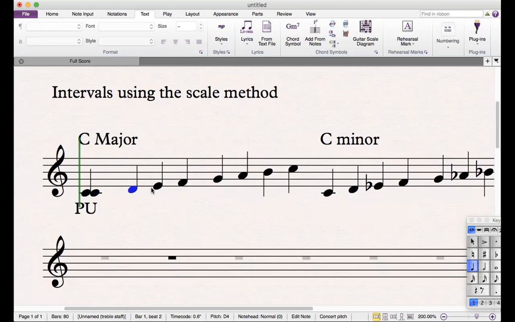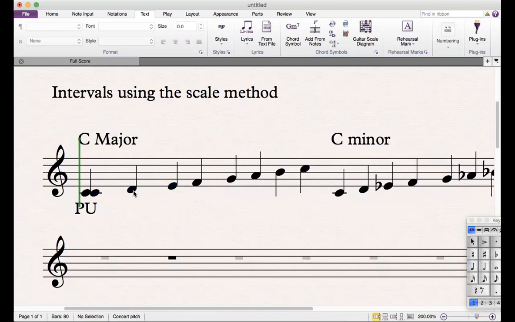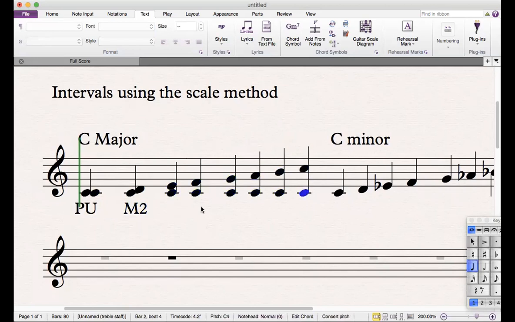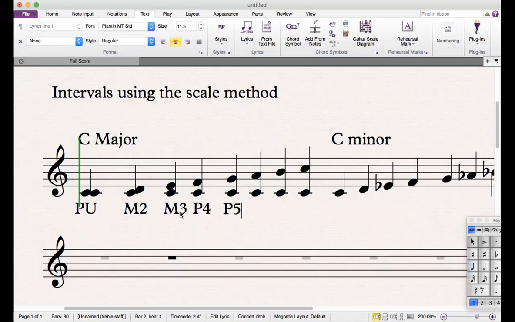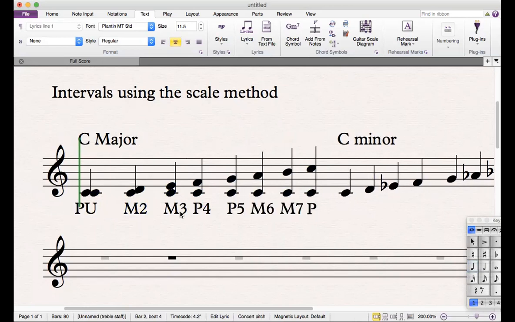Okay, let me give myself a little more space. Okay, let's say here's your second scale degree, and again, I'm measuring it from the bottom note, C. Okay, and what do I come up with? Well, that, of course, is a major second. Okay, I'm going to continue doing this. Okay, and what do I get? I get major third, perfect fourth, perfect fifth, major sixth, major seventh, perfect octave.